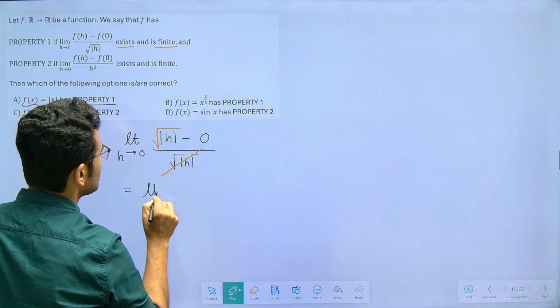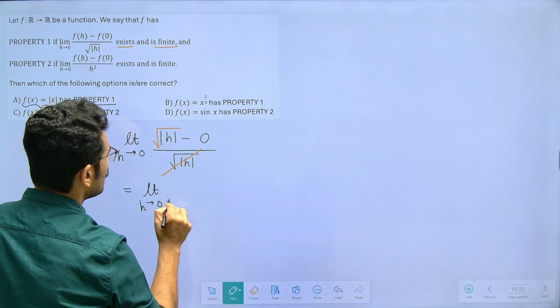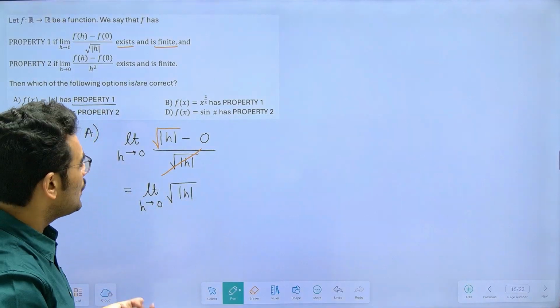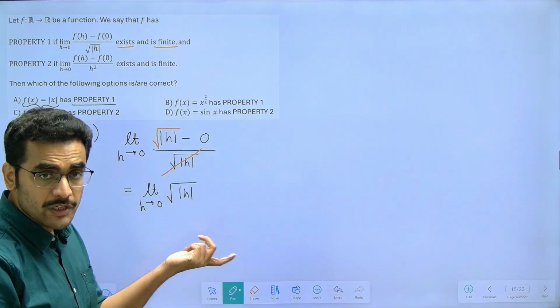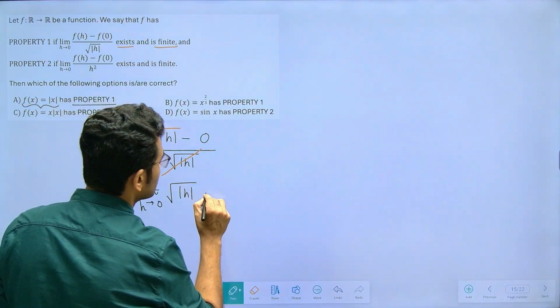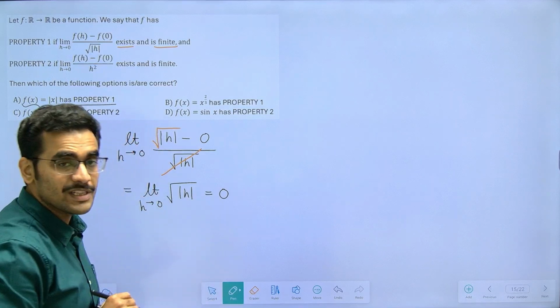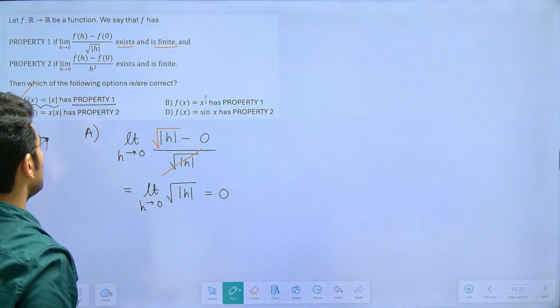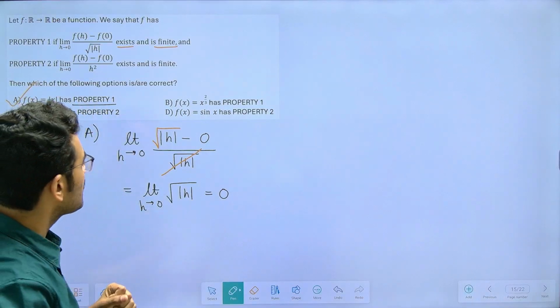So it will be limit h tends to 0 of root mod h. And as h tends to 0, mod h is tending to 0, so root mod h is also tending to 0. So this limit exists finitely. So the first option is correct because the function has property 1.